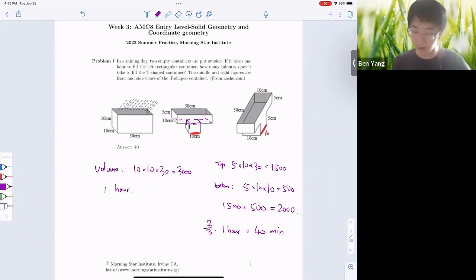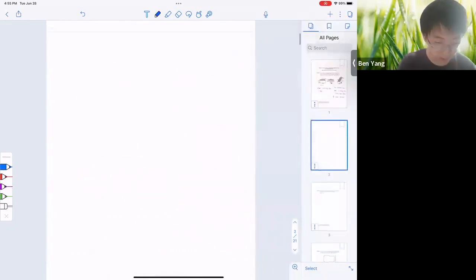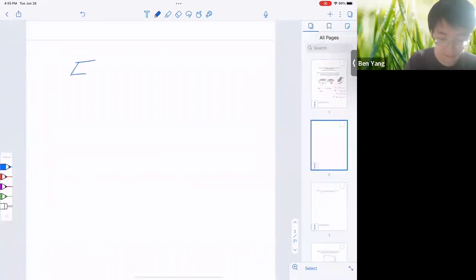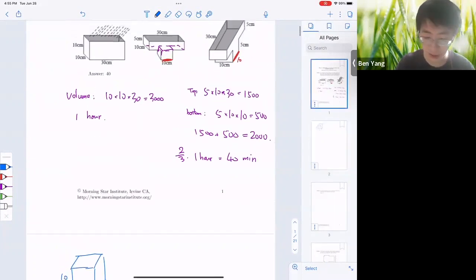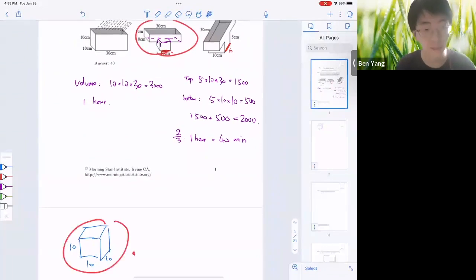So actually, this question is more interesting than it seems. So I'd like to ask you guys the following question. Let me add a page. So what if we have a container whose dimensions are 10 by 10 by 10, instead of the T-shaped container? So now this is our container, 10 by 10 by 10.